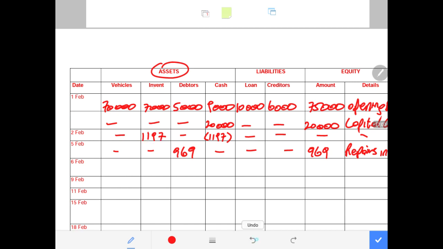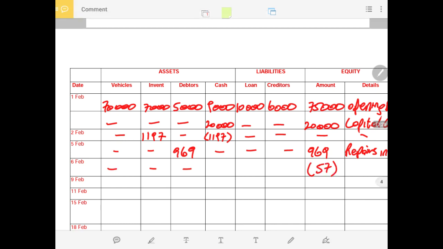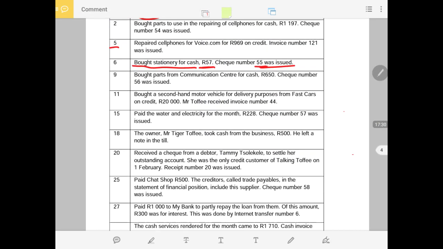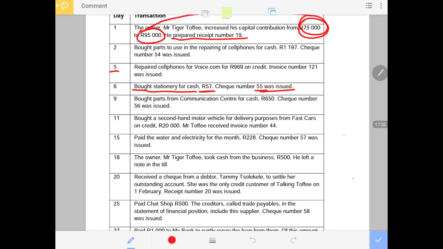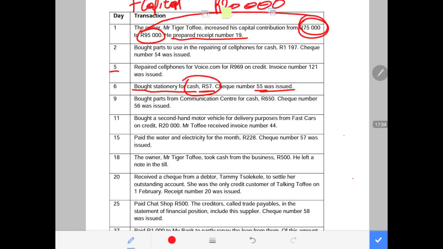Because there is no inventory of stationery, stationery must be treated as an expense at the point of purchase, or must be recorded as an expense at the point of acquisition. Now the stationery was 57 rand, but we need to know if it was cash or on credit. The stationery was bought for cash, the amount was 57.